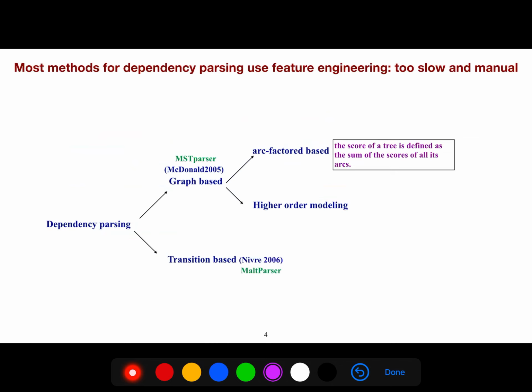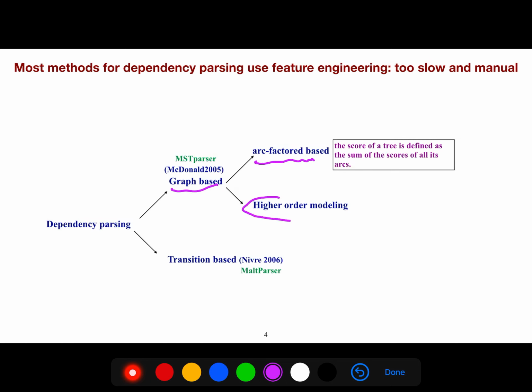As for dependency parsing paradigms, you can either use a graph-based approach, like the MST parser of McDonald in 2005, or the MALT parser of Nivre, which is transition-based. But the graph-based algorithm depends on how you want to simplify and what assumptions you make. If your assumptions are too strong, it is arc-factored, the very, very basic model. Then the score of a tree in that model is defined as the sum of the scores of all its arcs.